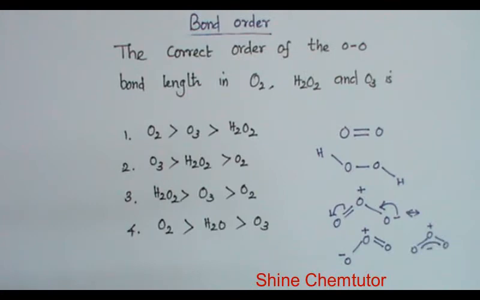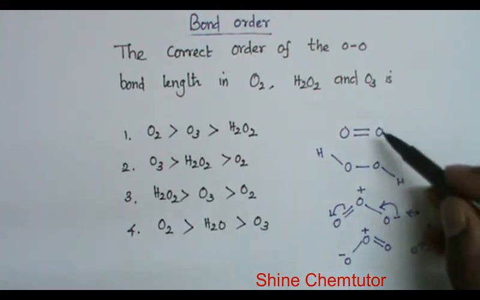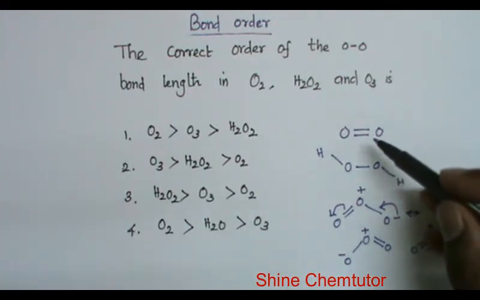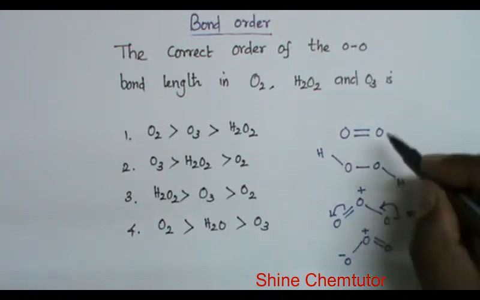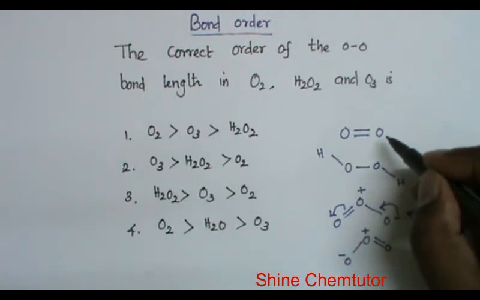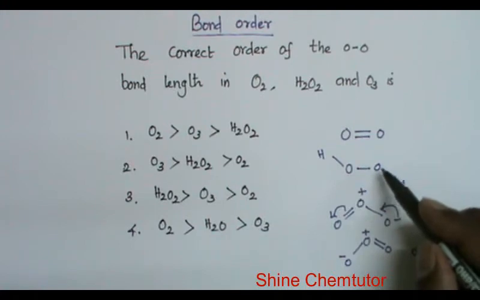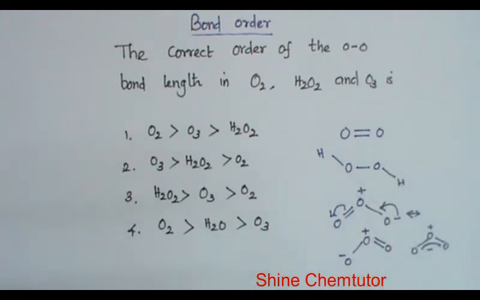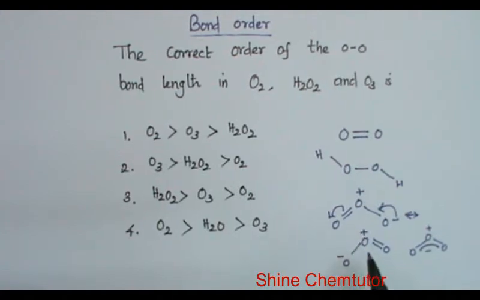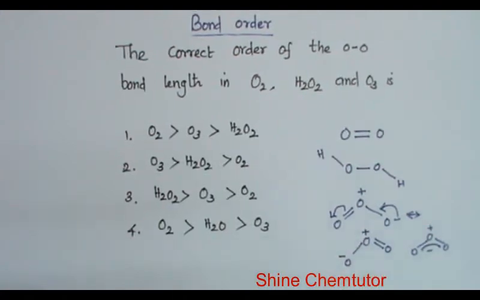It is obvious that when the bond order is high, the bond length will be short. That is, in the case of oxygen, the bond length will be very less. When you go for hydrogen peroxide, since it is a single bond, it will be very high. When you go for ozone, it is not exactly a single bond or double bond.